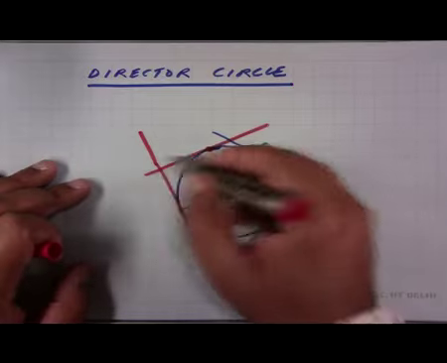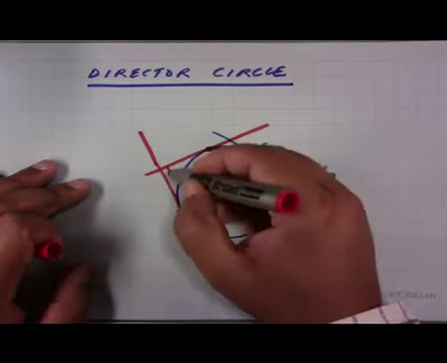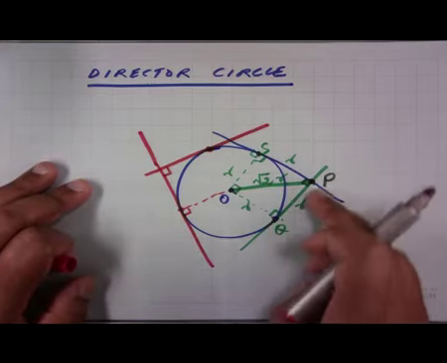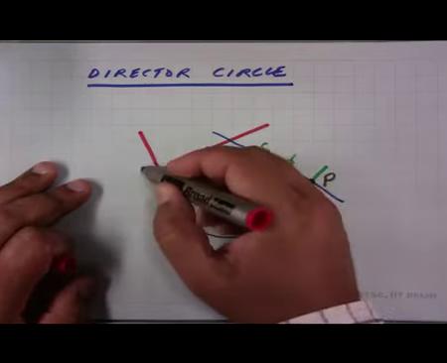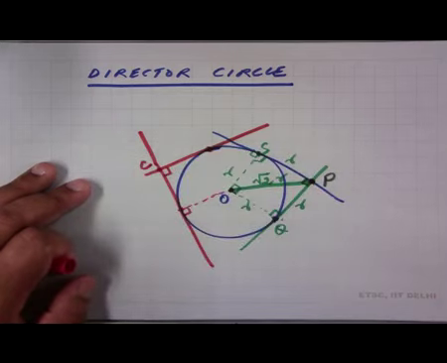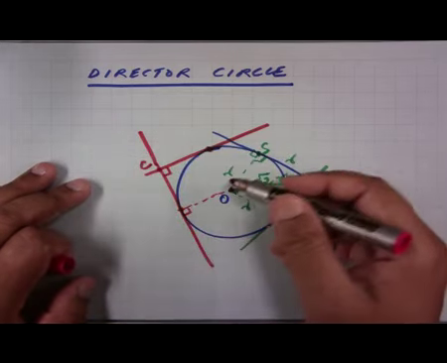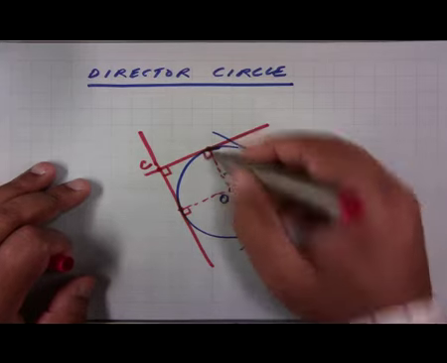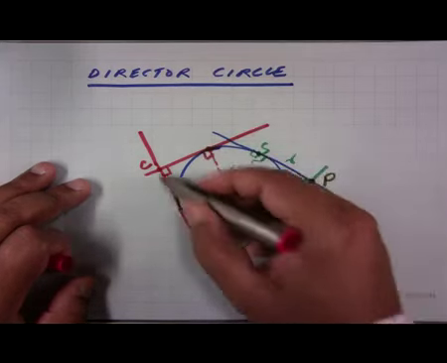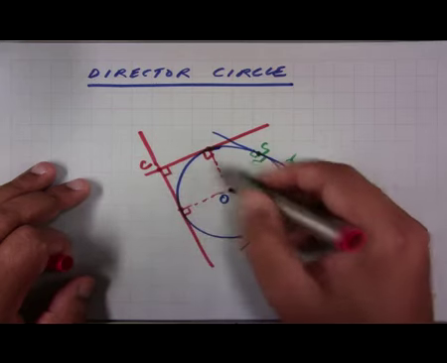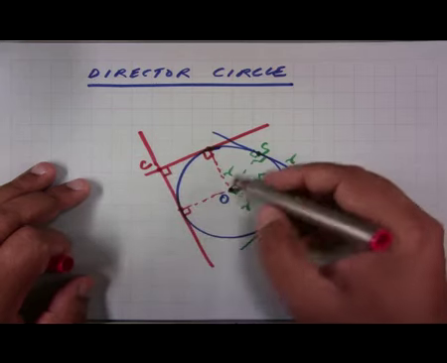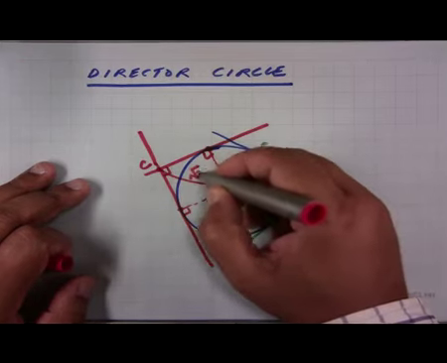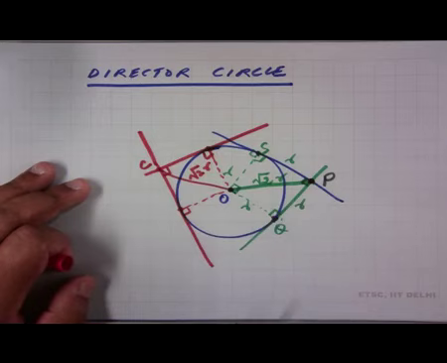So, these two tangents meet at 90 degrees, and if we do a similar analysis like what we did for this point P, let us call this point C. Then what we will also see is that this is again going to be a square of side equal to R, and again this distance OC is going to be equal to square root of 2 times R, where R is the radius of the given circle.